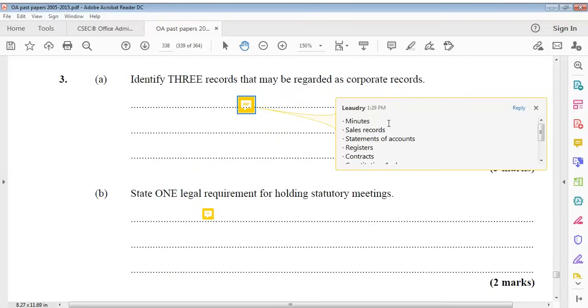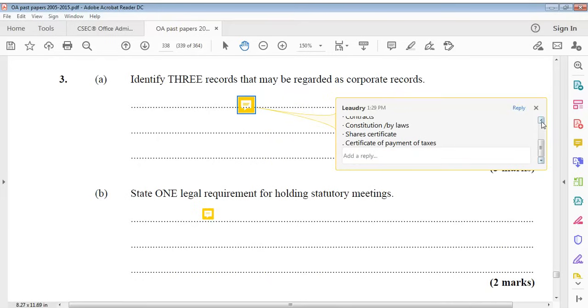We have 1, minutes, 2, sales records, 3, statements of accounts, 4, registers, 5, contracts, 6, constitution bylaws, 7, shares certificate, 8, certificate of payment of taxes.